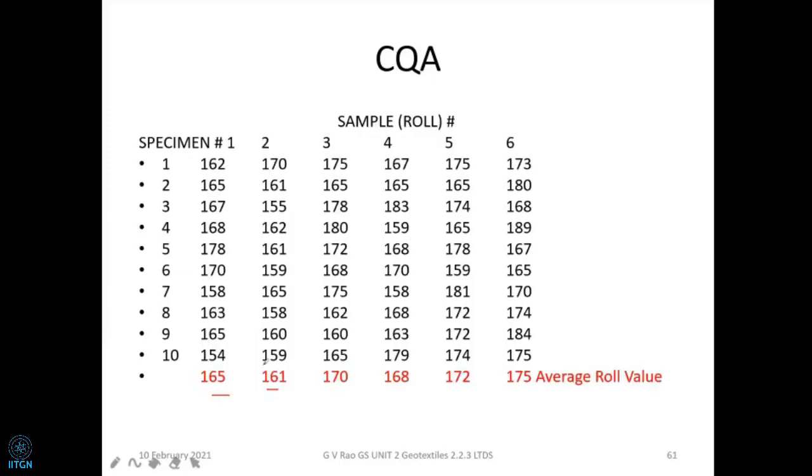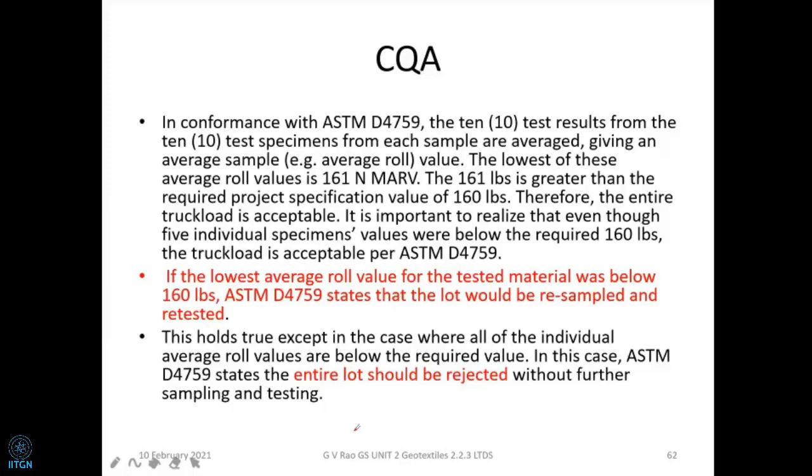If any one of them, supposing this comes to not 160, let us say it comes to 159. Okay, then what we have to do is what is being said. If the lowest average roll value for the tested material was below 160 pounds, it is stated that the lot would be resampled.